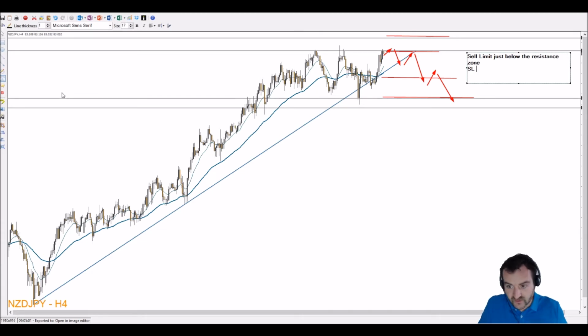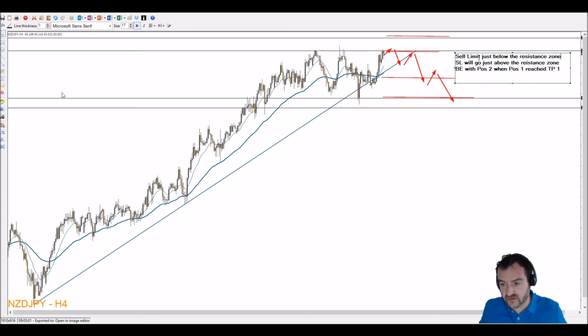The stop loss will go just above the resistance zone, and I go break even with position 2 when position 1 reached TP1.